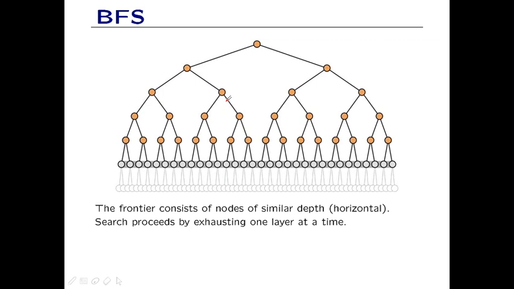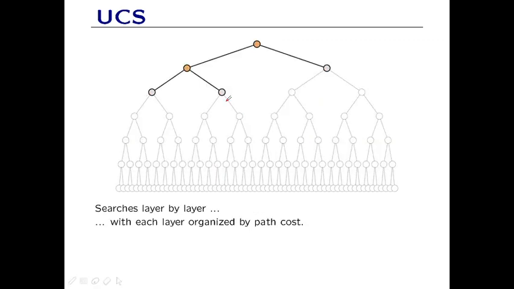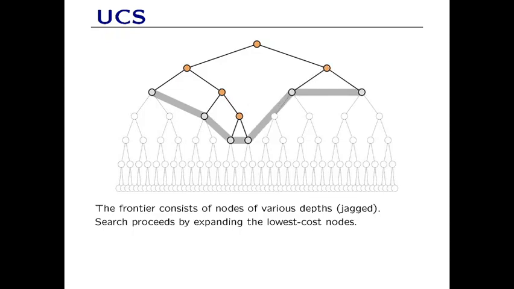Don't confuse between IDS and BFS. UCS, uniform cost search, also searches layer by layer, but it searches by path cost. It means it's going to check the path, and then it's going to do that, as you can see here.